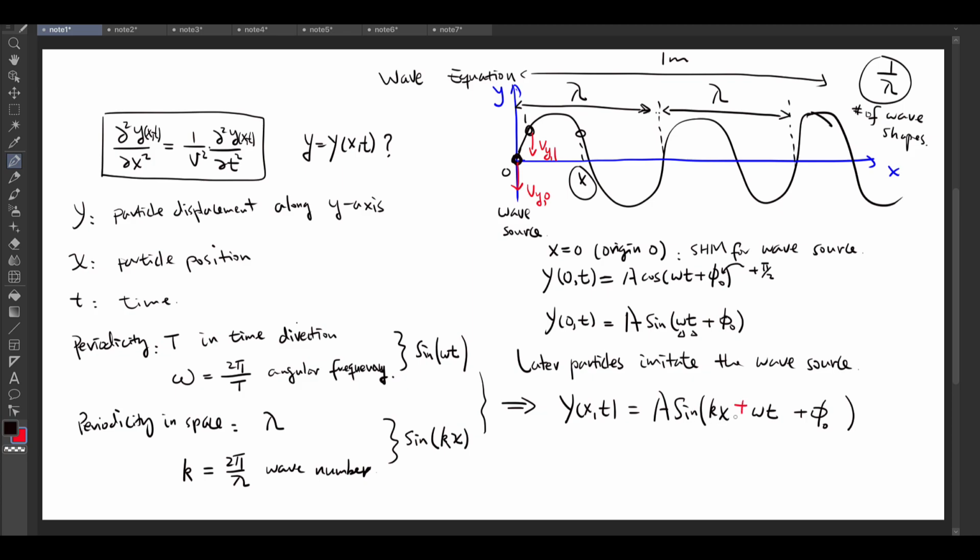We could also have a negative sign between them. Okay, so the positive sign will mean the wave propagation is to the left. And a negative sign will mean propagation to the right.